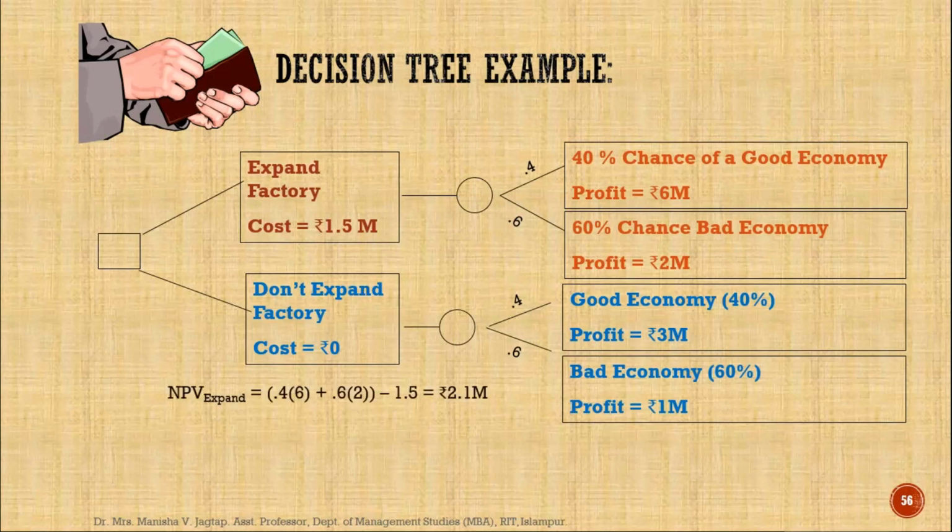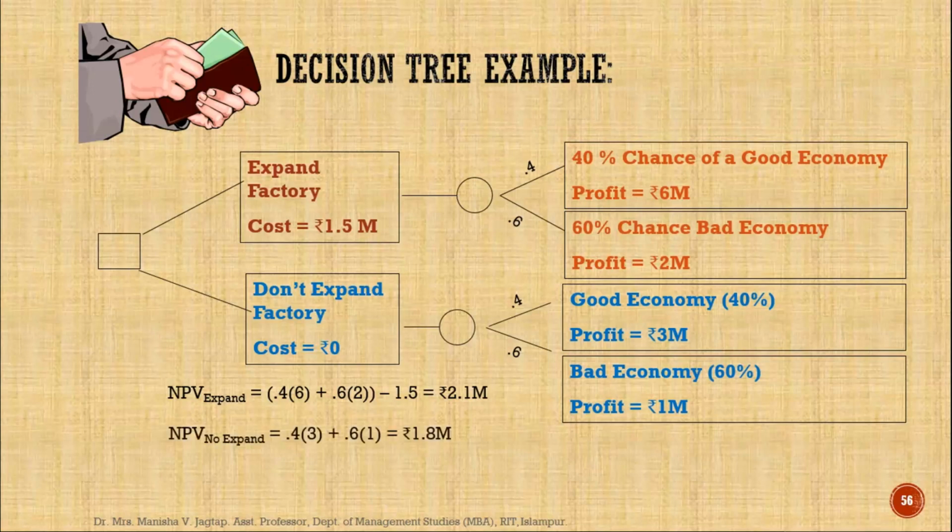So now, by calculating net present value, if she takes a decision to expand it, her net present value we can see will be rupees 2.1 million. You can see here the calculation shown.